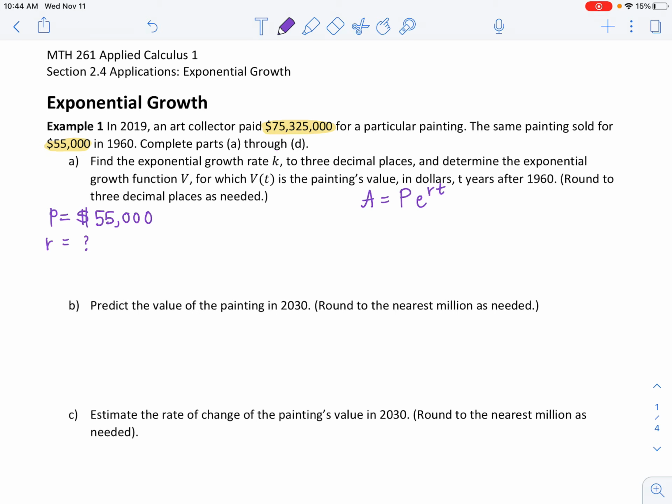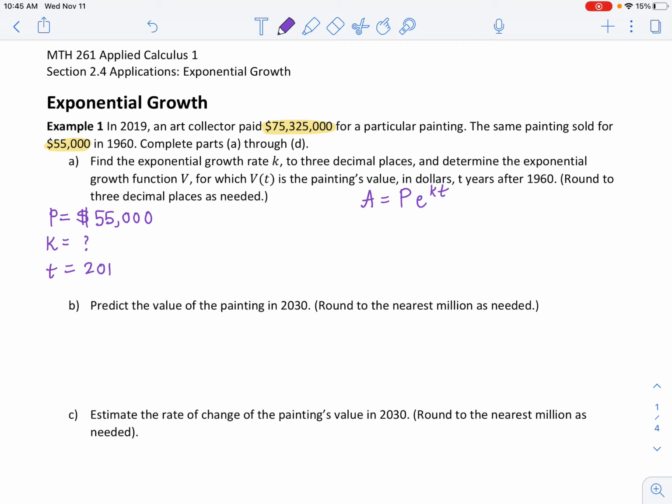Now, they did use the variable K, so instead of using r, let me change this to k. Instead of rt, we're finding kt, where k is the exponential growth rate. What do we know about t? How many years is 2019 from 1960?